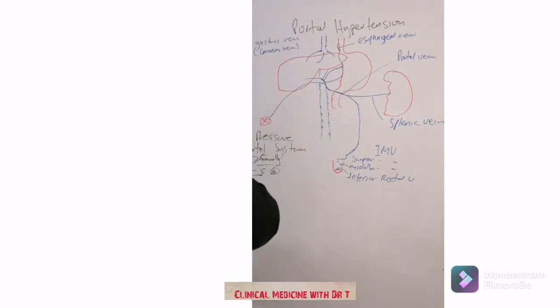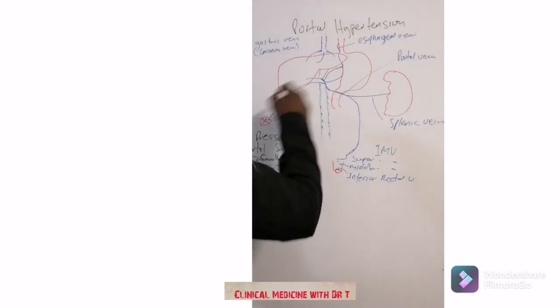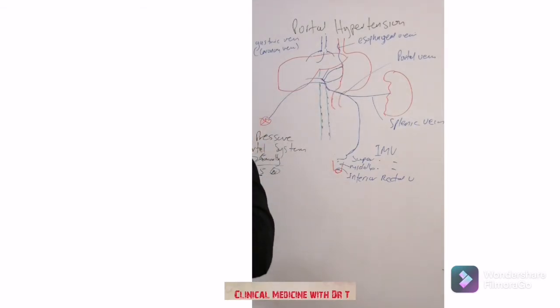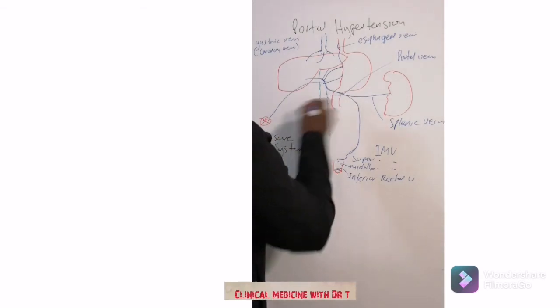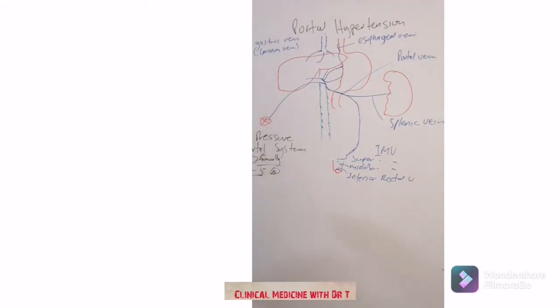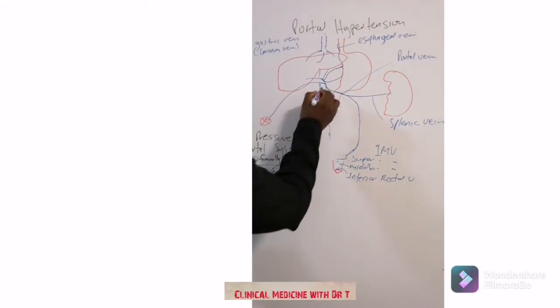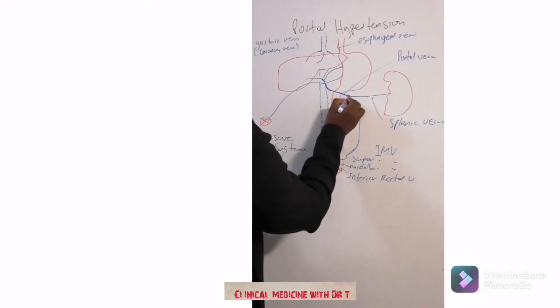It's going to start to dilate, and because of the high pressure, you know what happens when you've got high pressure? Whatever that fluid is, it will run away from the high pressure and look for a path that has the least resistance. So when you've got pressure in the portal system, blood will start to go back because it's running away from the high pressure. It will start to go back like that.